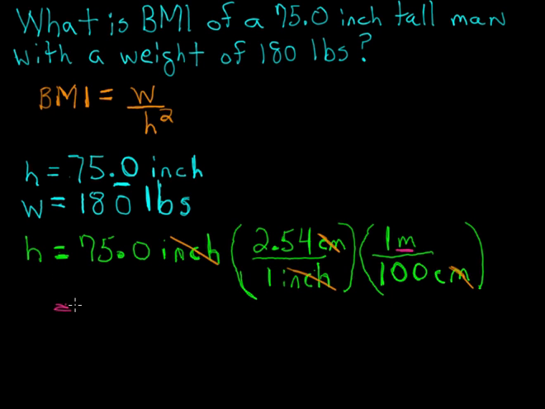Now, because this isn't the final answer for the problem, we're going to keep an extra significant figure to avoid errors with rounding. So that's 1.905 meters. We want 3 sig figs in our final answer, but this isn't what's going into our equation, so you keep the extra digit to avoid rounding errors.